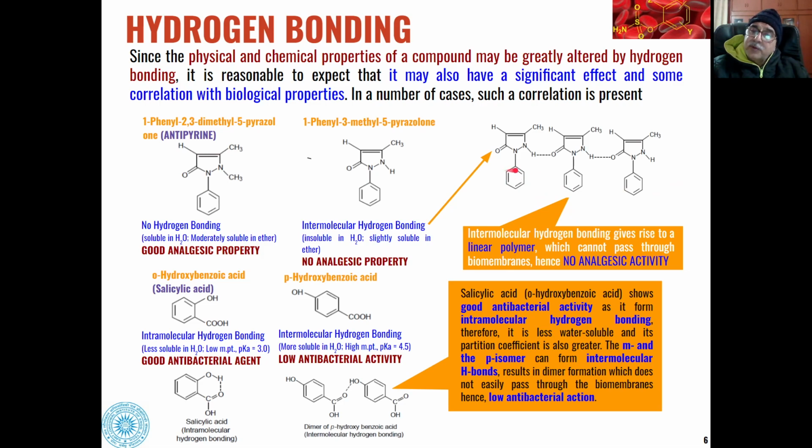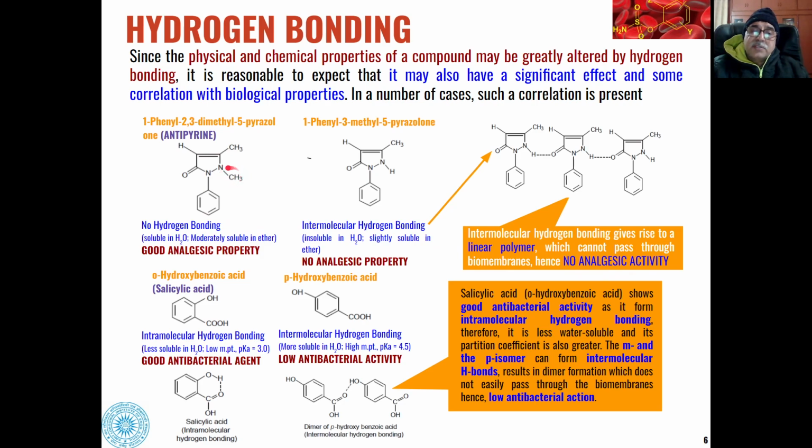And because this is now a polymer of high molecular weight, it cannot pass through the biomembranes. So that means this molecule cannot be transported from the site of action to the receptor. Therefore, it has no analgesic activity, right?